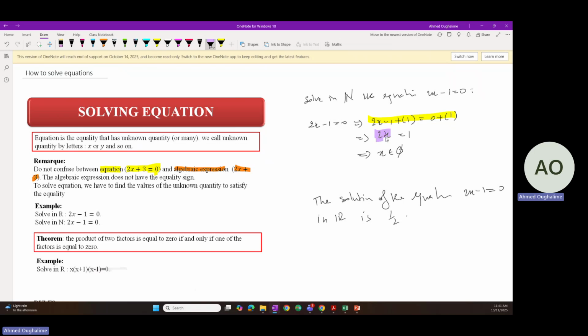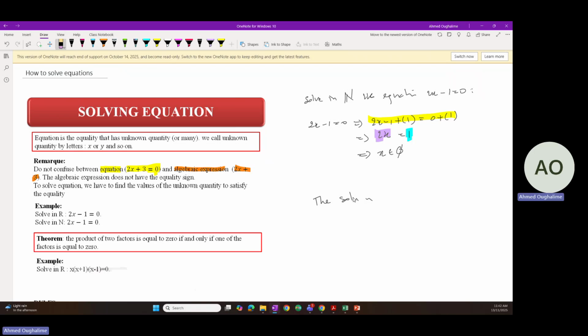So this is even and this is odd. So this equality is impossible. That's why we write x belongs to the empty set. So we say that this equation has no solution.